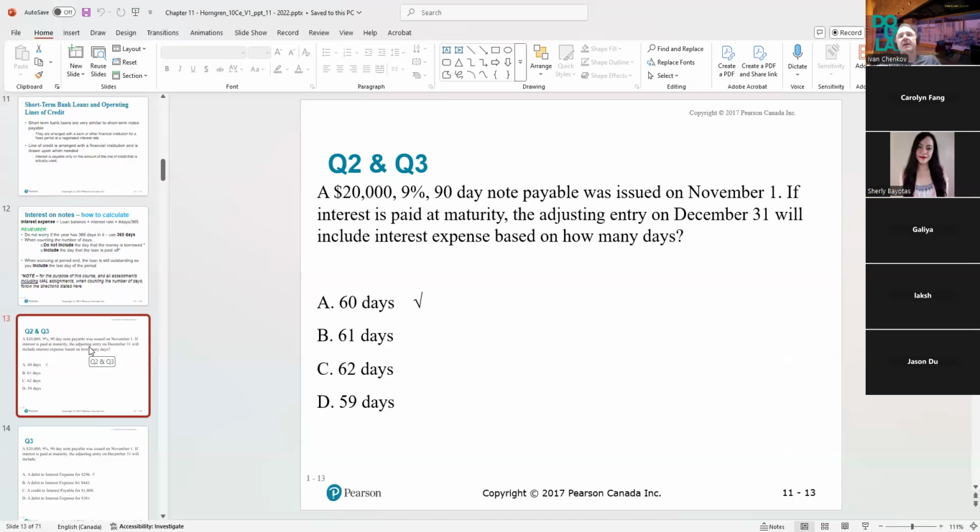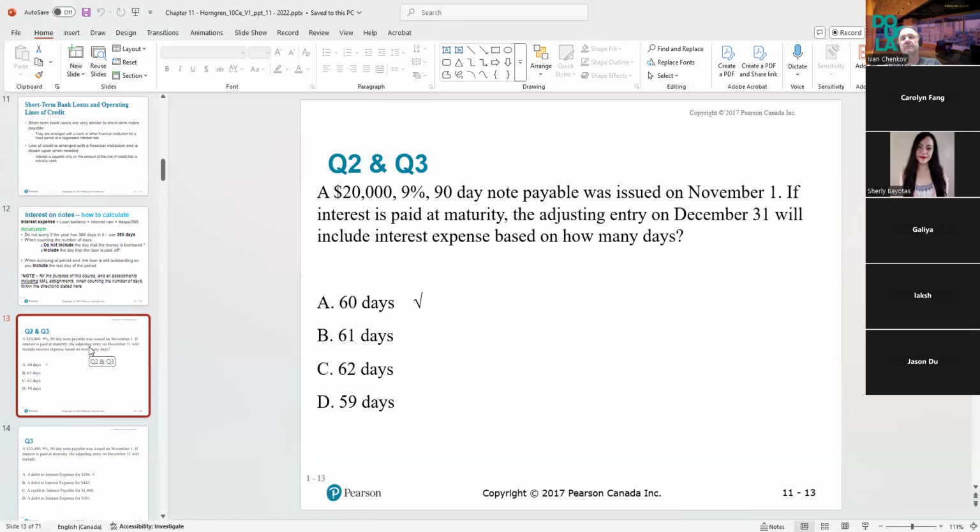Do you understand why it's A? Explain to me, please. What's the calculation here? How many days does December have? How many days does November have? Well, 30 plus 31, that's 61.